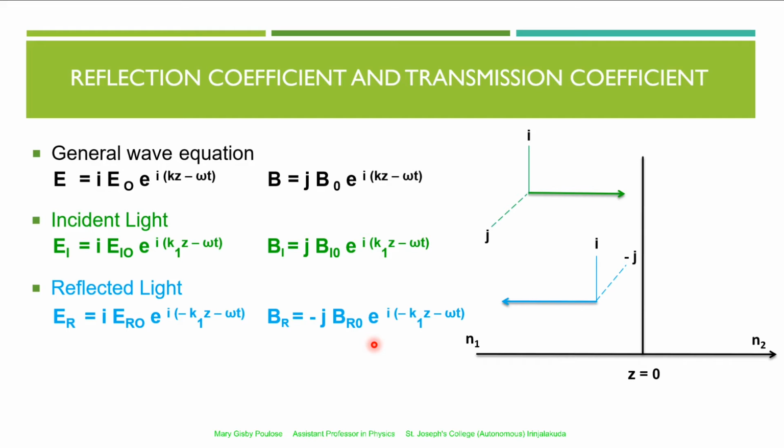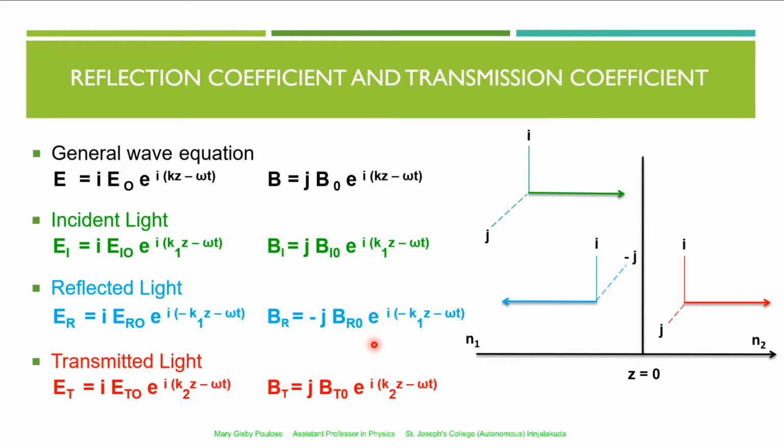Okay, now the fraction that is transmitted through the boundary is represented by the red ray, and it can be mathematically written as transmitted light electric vector ET is equal to the direction of the electric vector is i itself. So i into ET naught into e raised to i(k2z minus omega t).